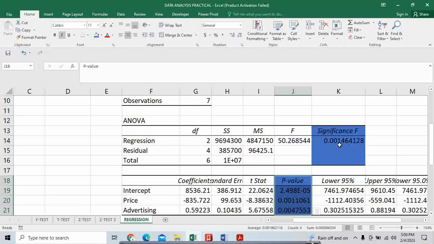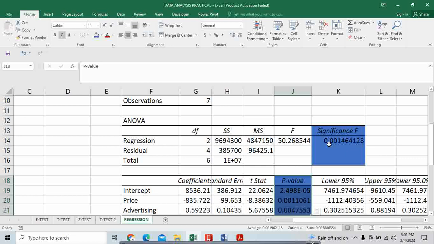In this case, our significance F value, 0.001, is very far smaller than 0.05. So our data is okay, our calculations are good. So we can see that the business is going to boom, and we can't expect any loss from here.